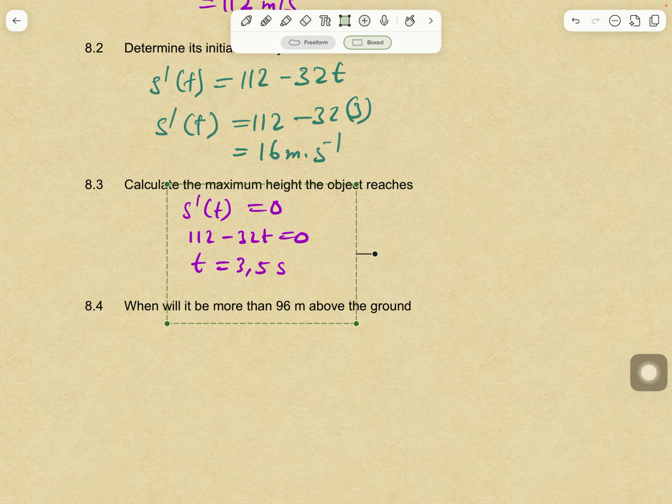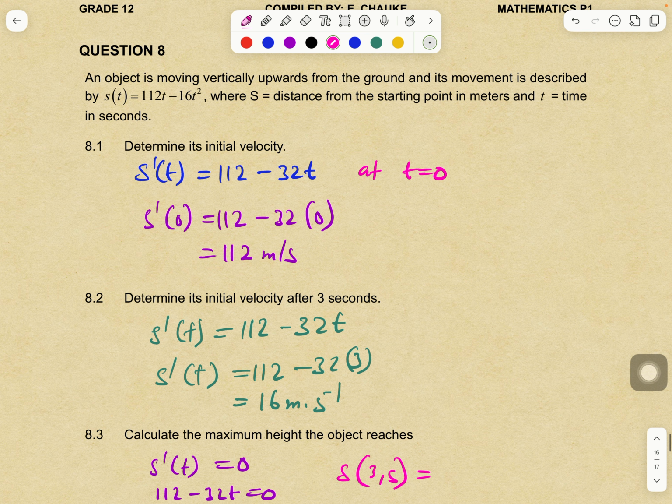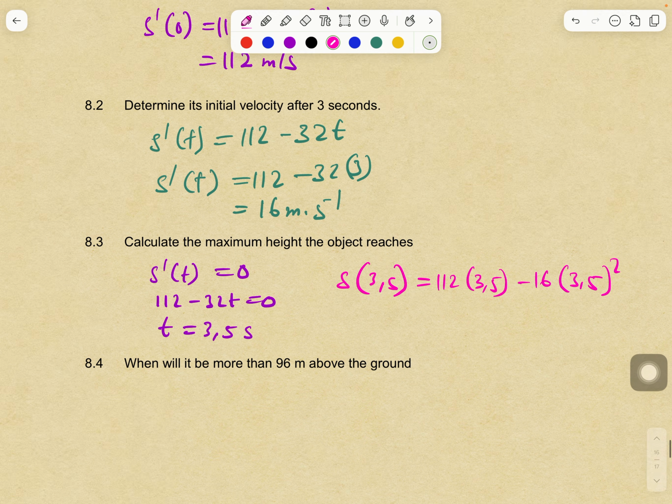3.5 seconds. All right, so we want the maximum height at t, but t is 3.5. So this becomes s of 3.5. You plug it into the equation. It was 112 into 3.5, and then minus 16 into 3.5, we square this.